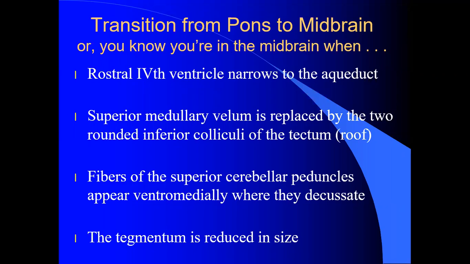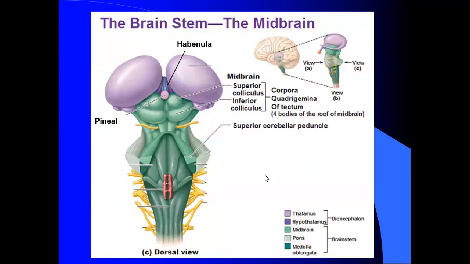You'll also see the superior medullary velum disappear and instead replaced with a tectum, which is the first time that we will have had a tectum, a roof of the section of the brainstem, in the midbrain. Another way, in the caudal portion of the midbrain, is the decussation of the superior cerebellar peduncles, and finally just a smaller tegmentum in general as the tectum becomes real.